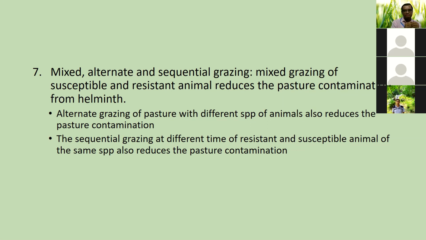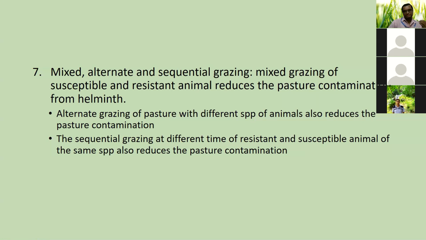The parasites which infect goats are consumed by the cattle, and the parasites which infect cattle are consumed by the goats. By doing this alternate grazing, we can achieve a significant level of control or reduction in pasture contamination. That is the strategy used nowadays in many animal farms.